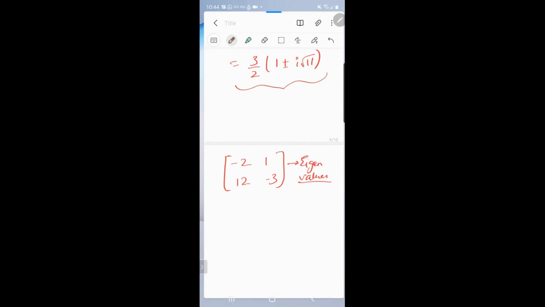Eigenvector is a vector whose position does not change. Just the size of that vector increases or decreases when you do this transformation. Right. Yeah, perfect. So we have this transformation -2, 12, 1, -3. If you take a vector AB, the result of this is this vector AB.